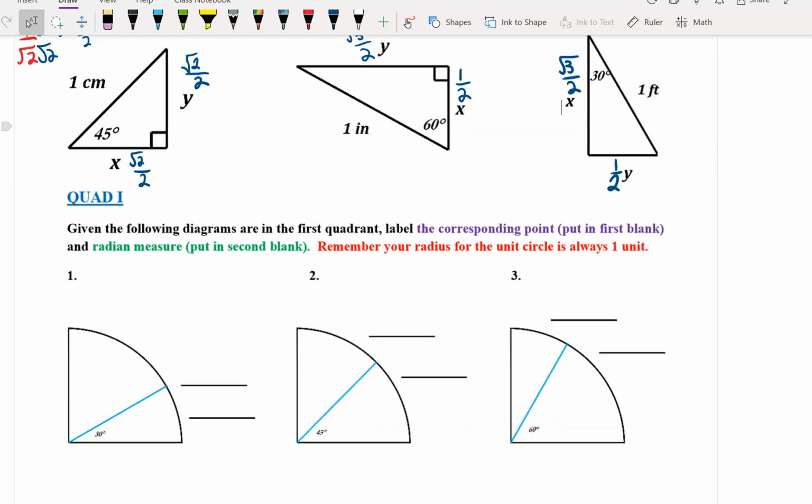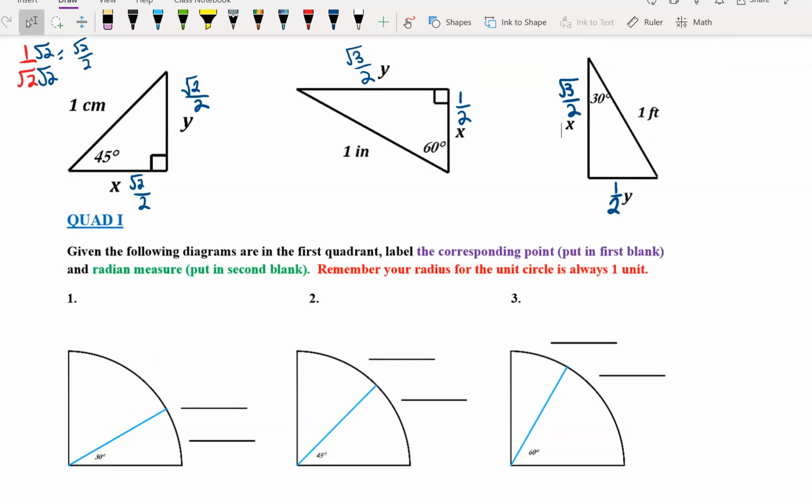And we're going to use all of that important information to come up with all the measurements for the first quadrant. So given the following diagrams that are in the first quadrant, label the corresponding point, put in the first blank, and the radian measure, we're going to put it in the second blank. Remember, your radius for the unit circle is always 1. So this right here is the radius of the unit circle, and it's going to be 1.